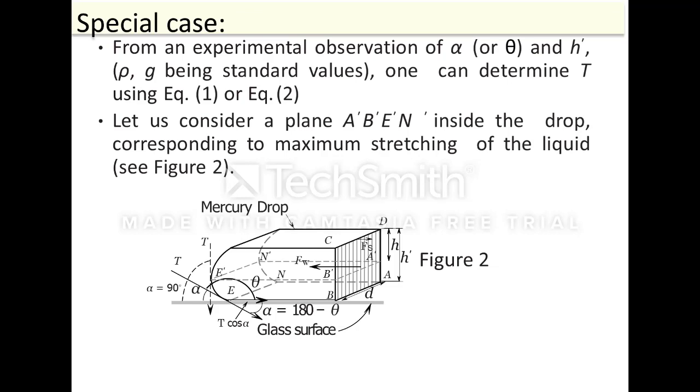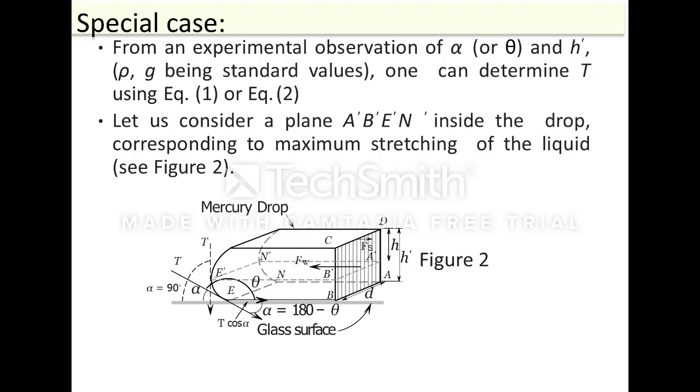Special case. From an experimental observation of alpha or theta and h dash, where rho and g are the standard values, one can determine T using equation 1 or 2. Let us consider a plane A dash B dash E dash N dash inside the drop corresponding to maximum stretching of the liquid.